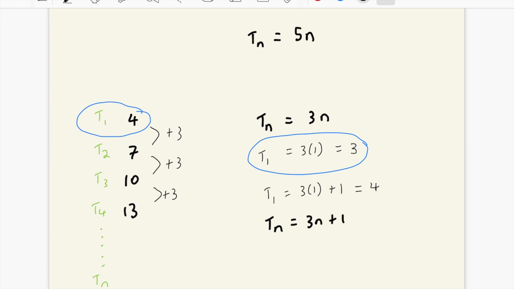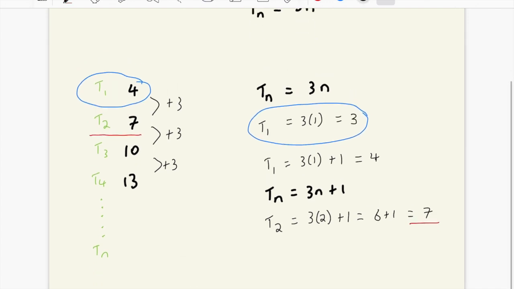Now let's test that equation. So if we have the second term, we have 3 times 2 plus 1, which is 6, plus 1, which is 7. And that matches our second term in our sequence. And again, we can test it again.